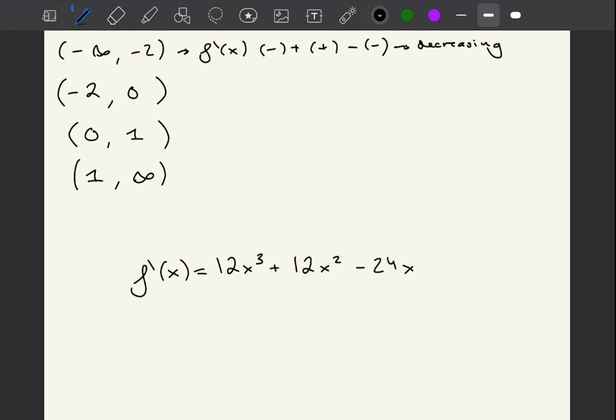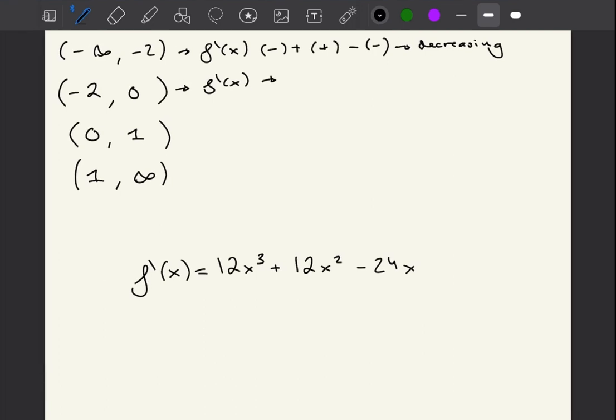So what about our second interval over here? Well, over here we have -2 that goes to 0, right? And at this point, we can test out -1. And if we put in -1, quickly do it in your head, that's going to give you a positive number, and your function is increasing over that interval because the derivative is positive, right?